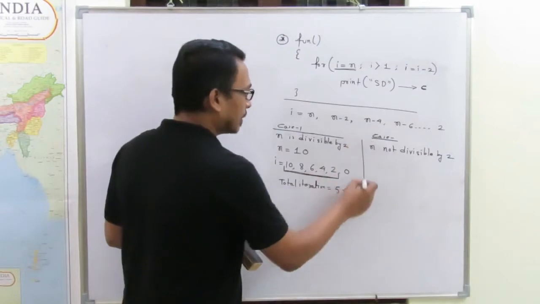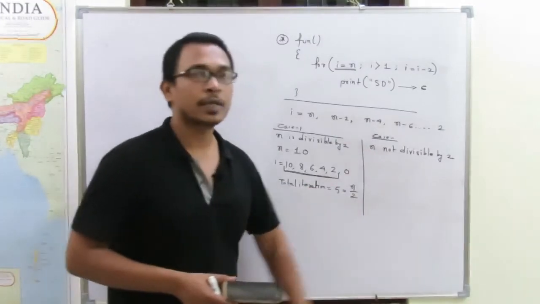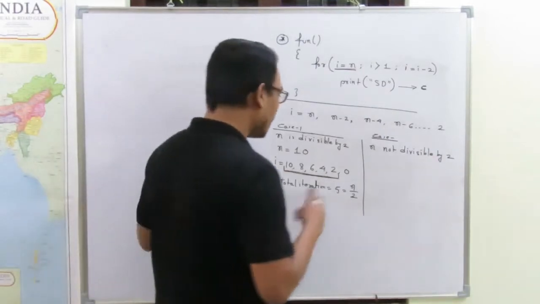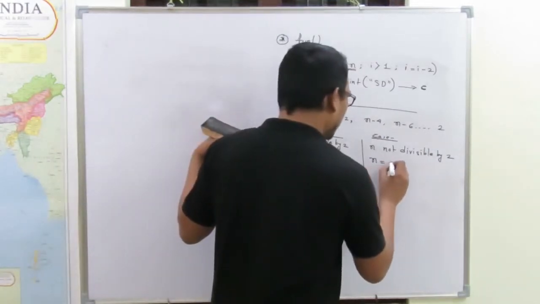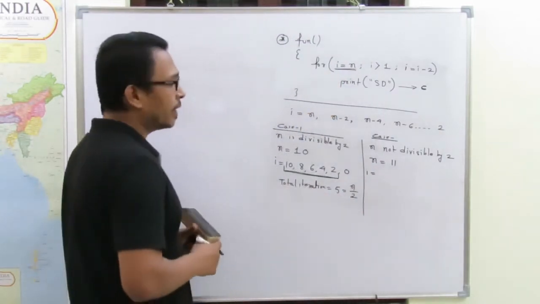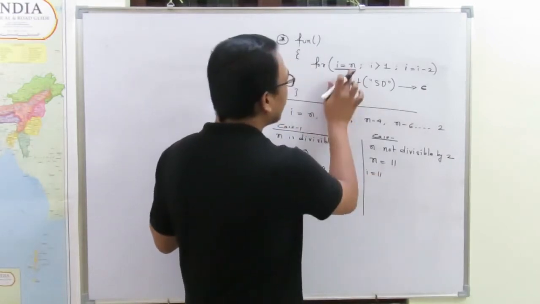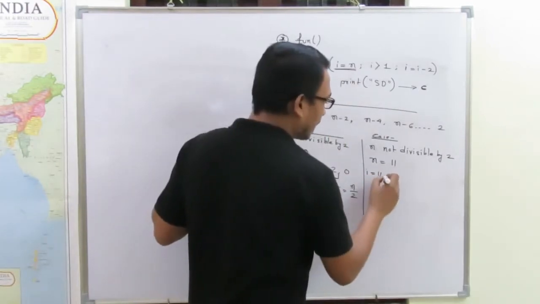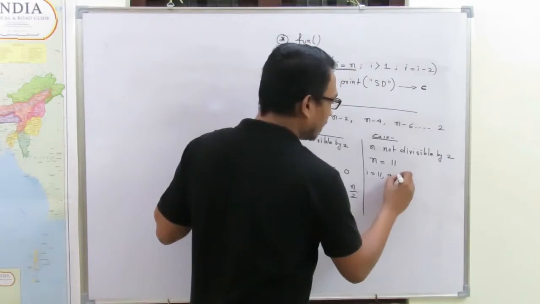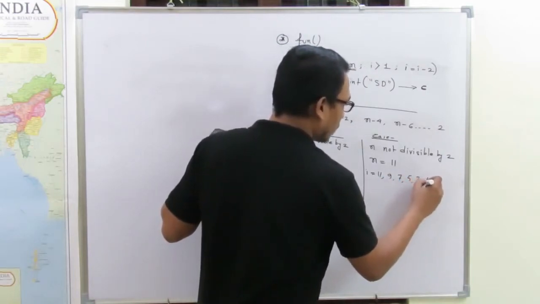Now we will see what happens when n is not divisible by 2. Let's take n equal to 11. What will be the value of I in different iterations? The value of I starts from n, that is 11, and then the next values will be 9, 7, 5, 3, 1.